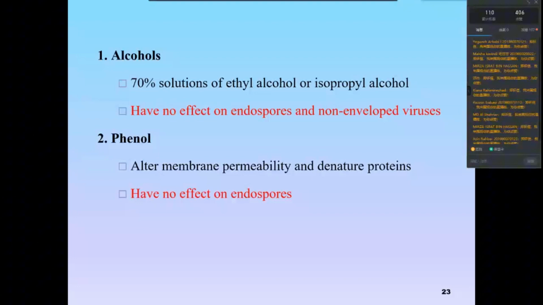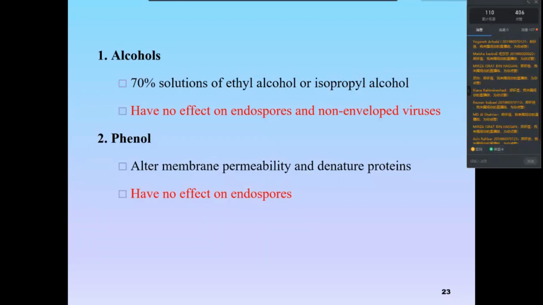Isopropanol is alcohol with 3 carbon atoms, and both of them can kill or inhibit bacteria, but they have no effect on endospores and non-enveloped viruses. They can kill the replicating bacterial cells, but they cannot kill endospores. So this is the first one, alcohol.